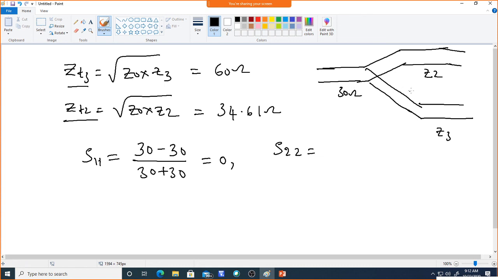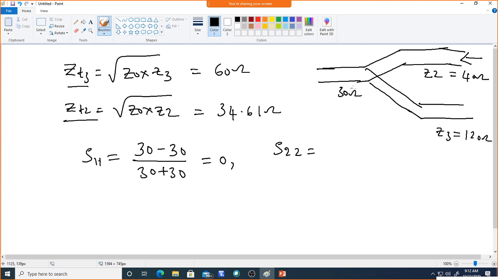Now you can see here, the value we found for Z3 is 120 ohm and Z2 is 40 ohm, is it not? Whenever we are looking at this port, these will become parallel to each other. So whenever we are calculating S22, we need to look into this port, at the reflected by incident wave.